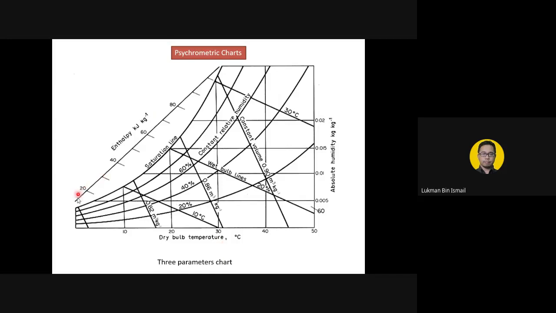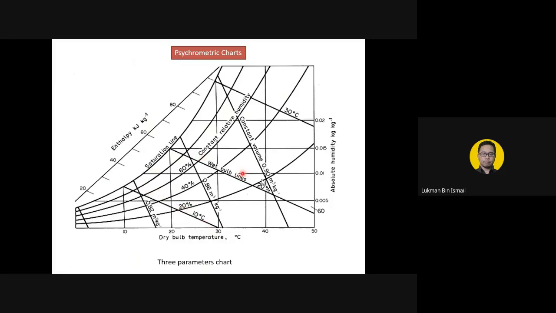There you have the saturation line. You have constant relative humidity, constant volume, and wet bulb lines, with different percentages of humidity: 60%, 40%, 20%, and 10 degrees Celsius.